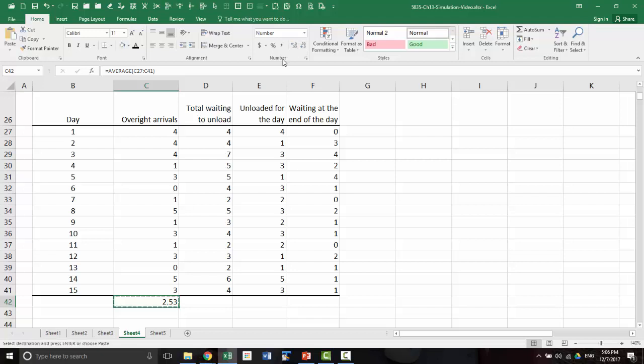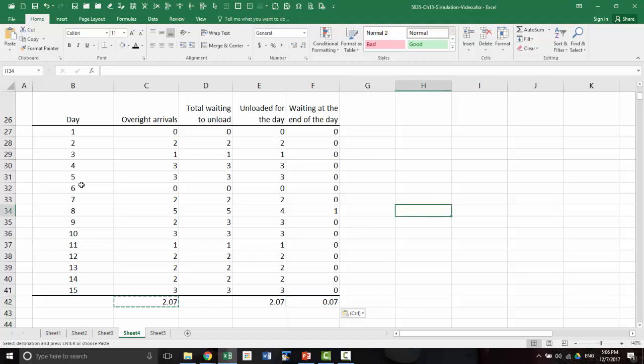Then we can copy that to these two. So how many barges are we unloading on the average? And on the average, how many barges are waiting to unload at the end of the day? So still waiting. We have not finished unloading.